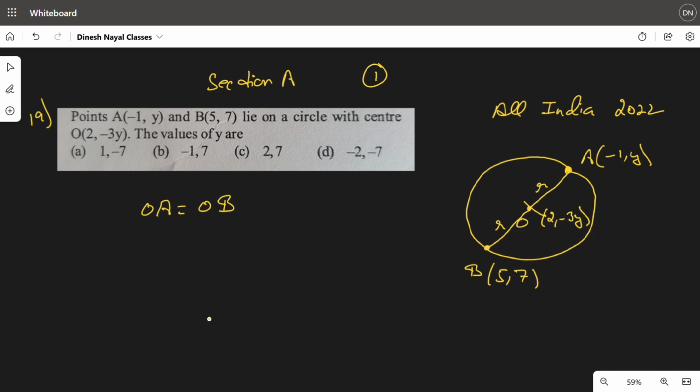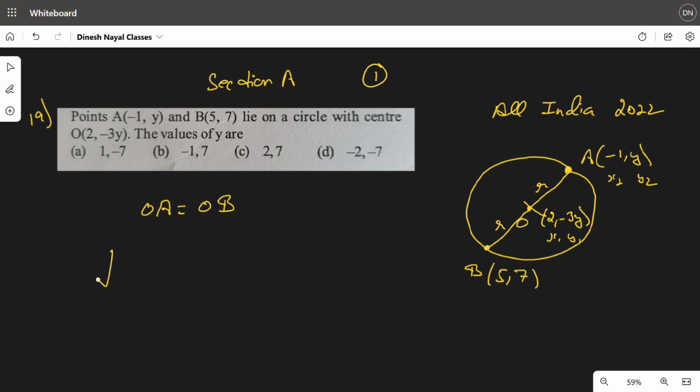Now again, using the distance formula, which I have told you in our first question only. Applying the distance formula, OA will be, again take this as x1, y1, and this as x2, y2.